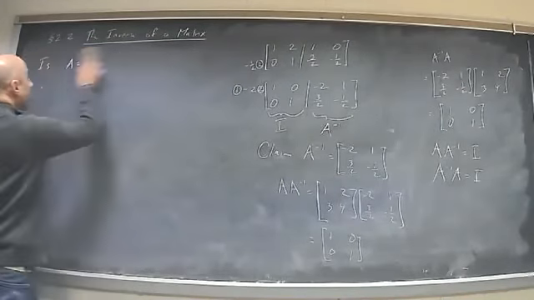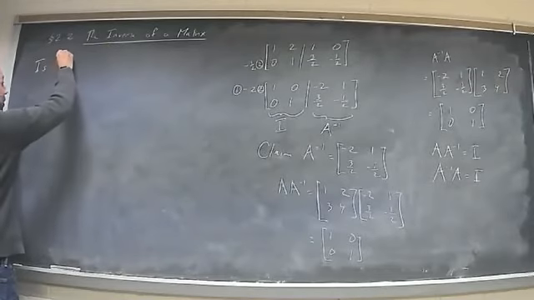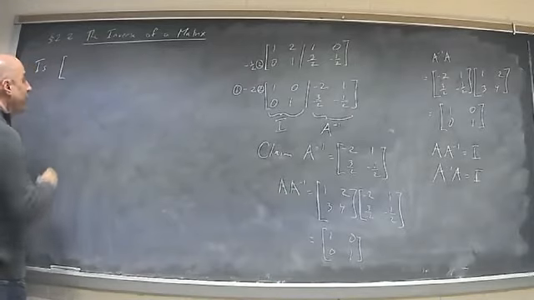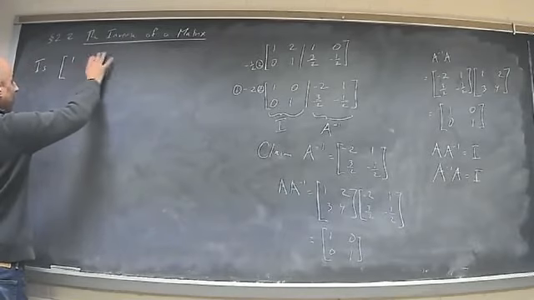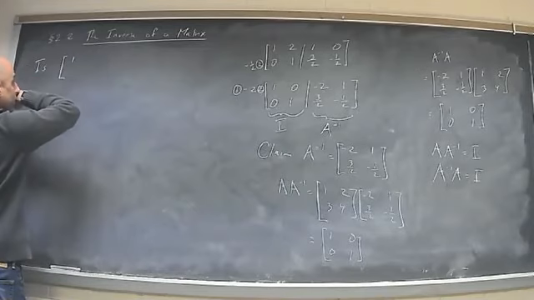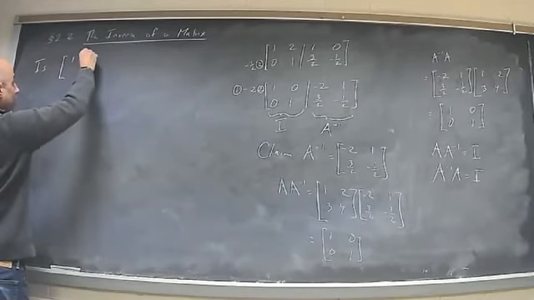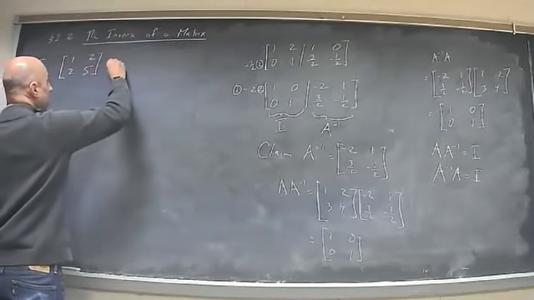So the matrix, let's say, [1, 2, 2, 5]. Is it invertible?